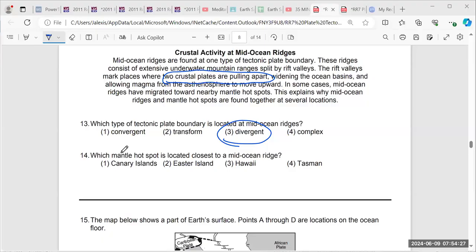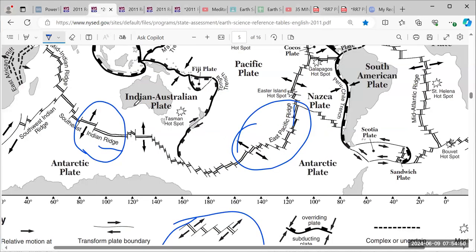All right, number 14, which mantle hotspot is located closest to a mid-ocean ridge? I'm going to look at these 4 hotspots and see which one is closest to a mid-ocean ridge, which means I need to see which one is closest to a divergent plate boundary.